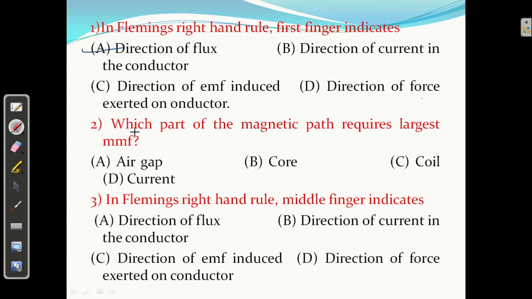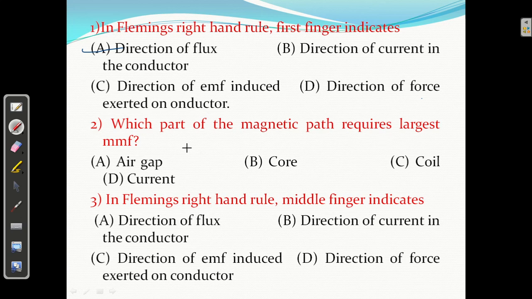Second question: which part of the magnetic path requires the largest MMF? Now please see here. You have core, coil, current. Current is not a part. Clear? So which part of the magnetic path requires the largest MMF?